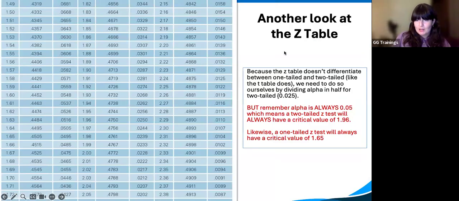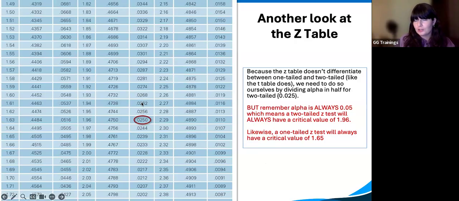What I told you about, if we have a non-directional H1, that means we have to allow for both sides to be possible. So our alpha is 5%, and we have to divide it in half so that we can put 2.5% in both tails, and they add up to 5% in total, right? So when we go looking in the Z table, we're actually looking for 2.5%, not 5%. And where are we looking?